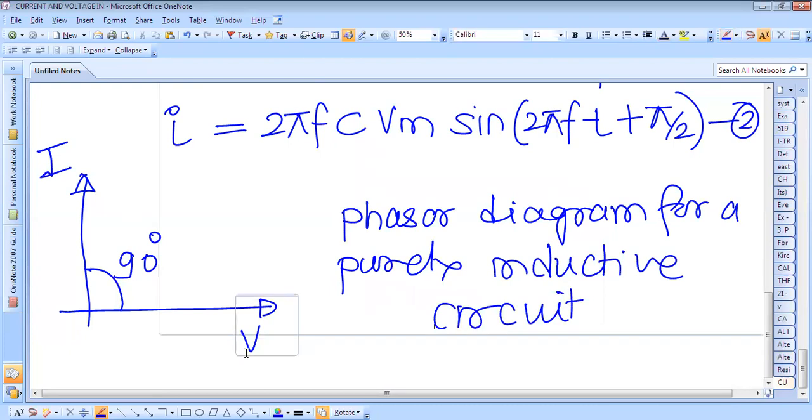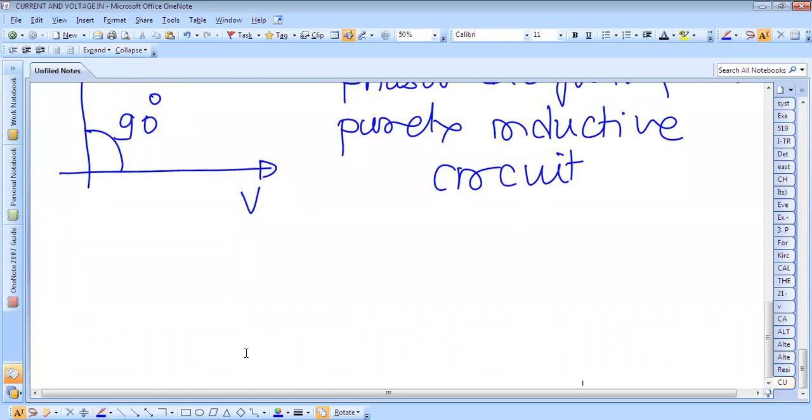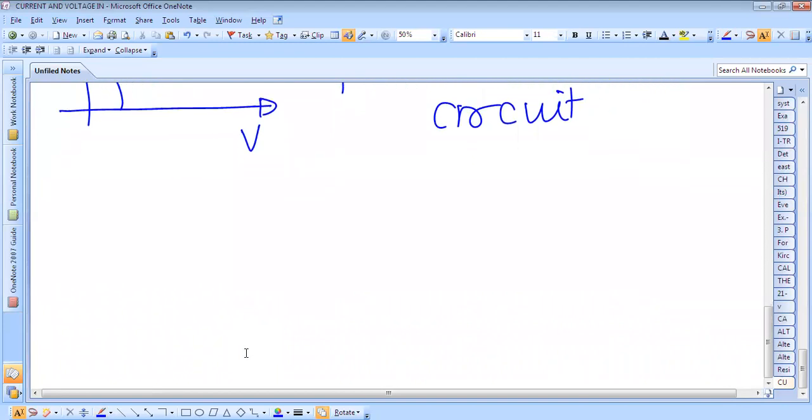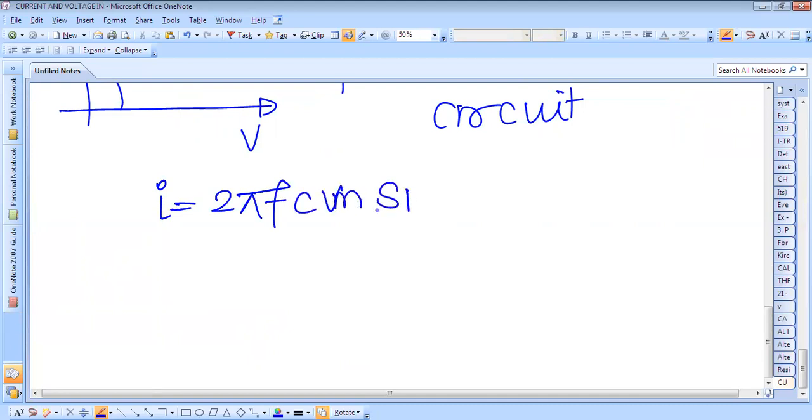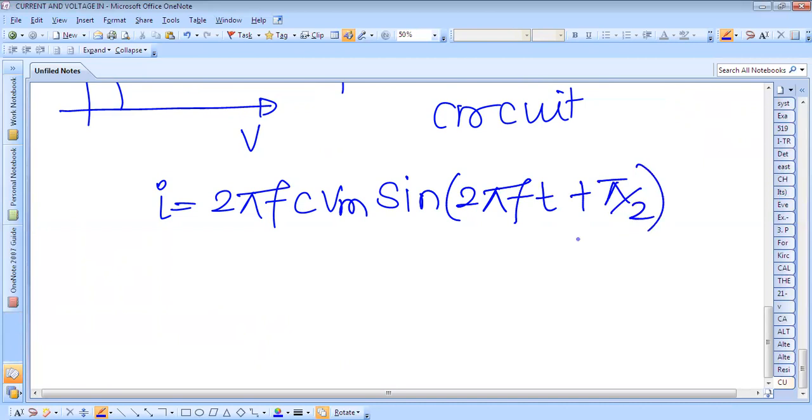Therefore, from equation 2, what is equation number 2? We have i equal to 2 pi f C Vm sine of 2 pi f t plus pi by 2.